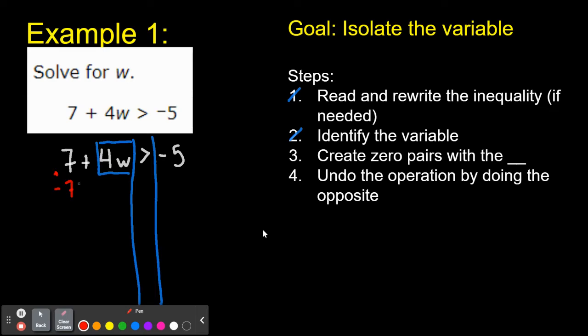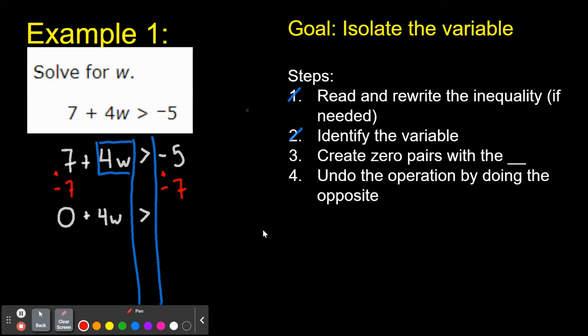And remember, if we add -7 to one side, we must add -7 to the other side. The reason we are adding -7 is because that creates a 0. A +7 plus a -7 is 0, plus 4 times w is greater than, and on the right side we have -5 plus -7. Remember, take time with this.